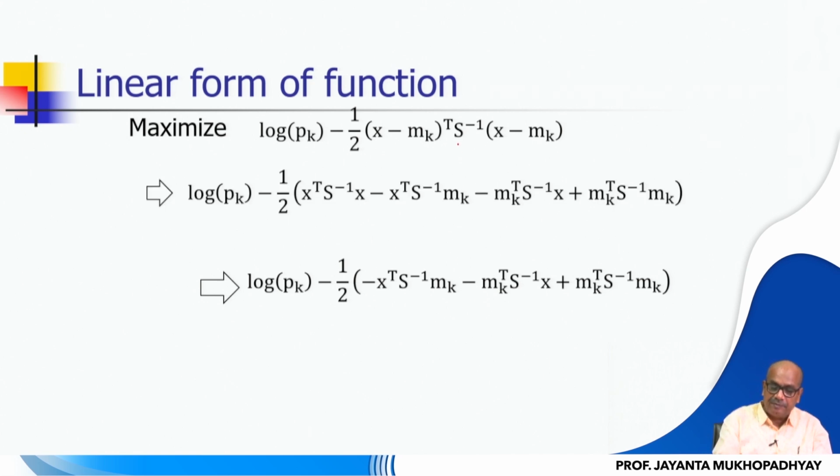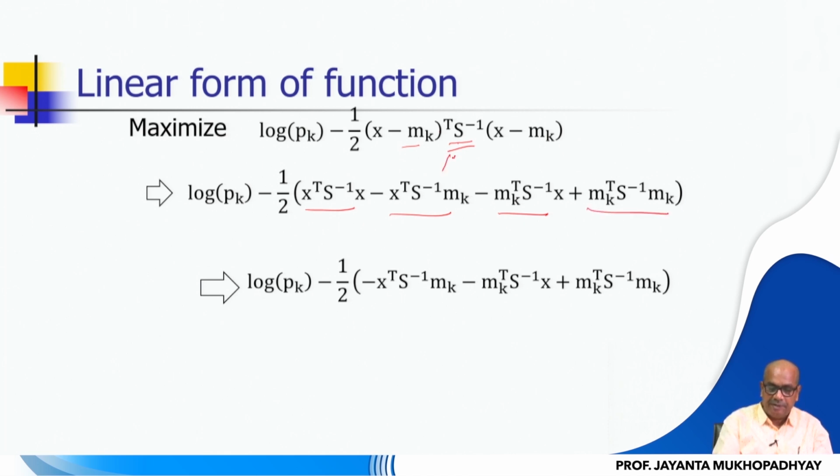Further, we will be applying this constraint. Actually, we will be using this rule that S is the same in every class. If I expand this, using simple algebraic manipulations, you can see these are the components. You take x transpose S inverse x, then x transpose S inverse mk, then mk transpose S inverse x, with a minus sign, then mk transpose S inverse mk.